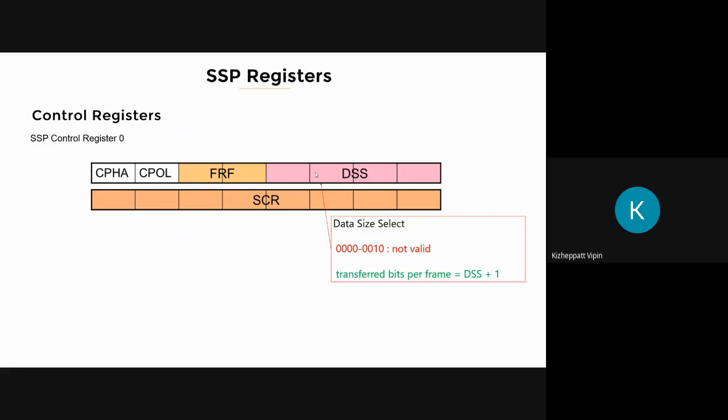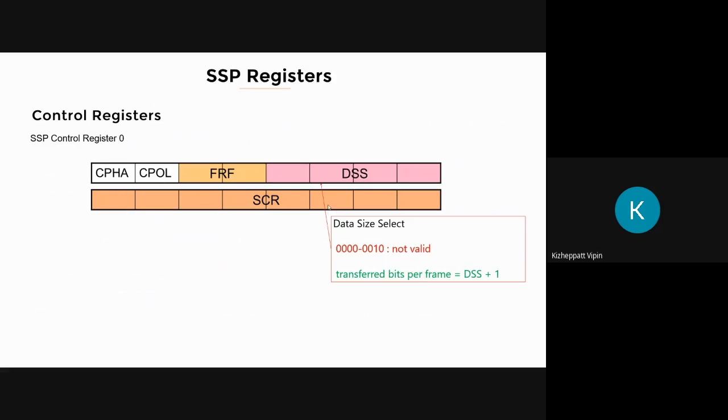Whatever value you write here, plus 1, that is the frame size. So you should not write 0 to 2 here, because 0 to 2 is an invalid transfer size. If you write 3 here, transfer size will be 4.